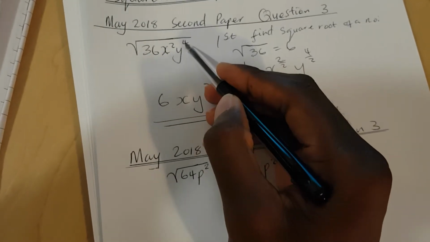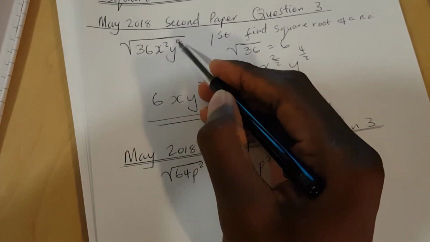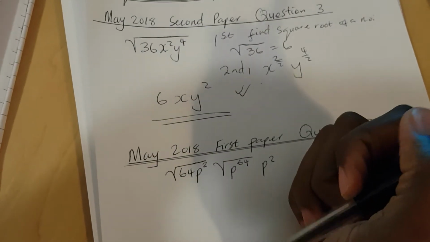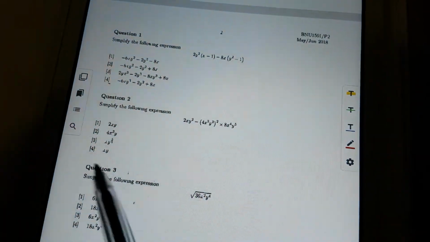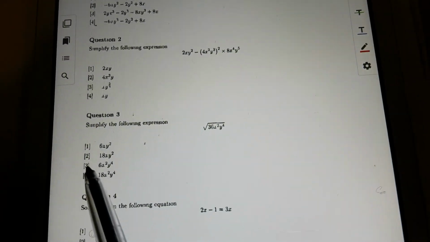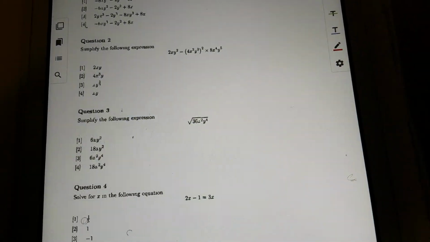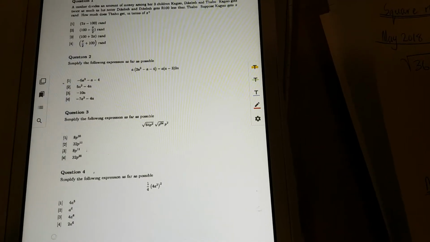Always divide by 2, because 2 cancels the square root. Our answer is 6xy to the power of 2, which is option number 1. Thank you.